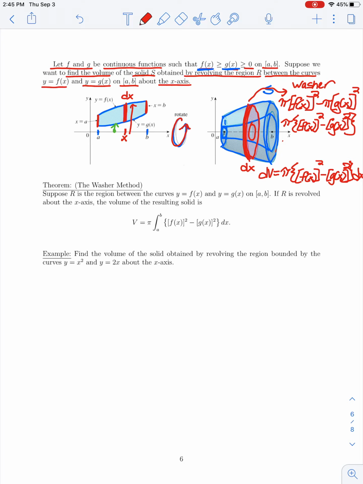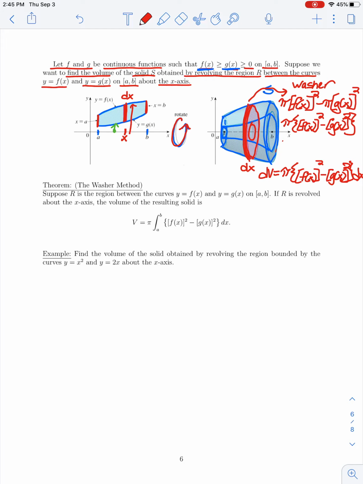And this process of adding up the volumes of these little infinitesimal washer-shaped slices would be given by a definite integral of this function for volume that we found.